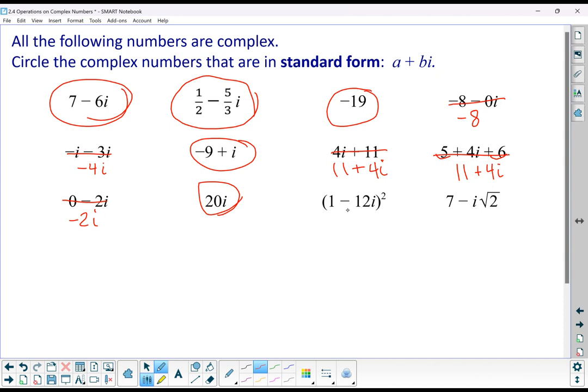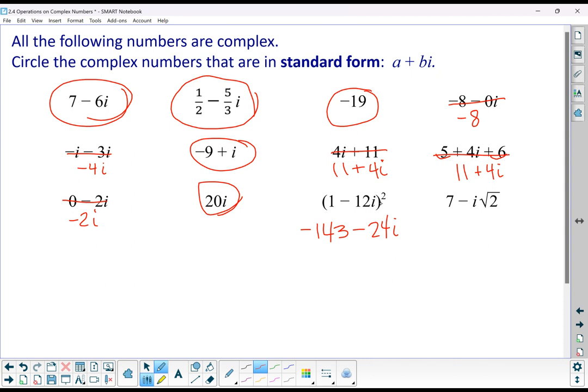Now, the complex number system is a closed number system. That means if we multiply two complex numbers or add two complex numbers or divide two complex numbers, we would get an answer that is a complex number. This is a complex number. It is the number negative 143 minus 24i in standard form.